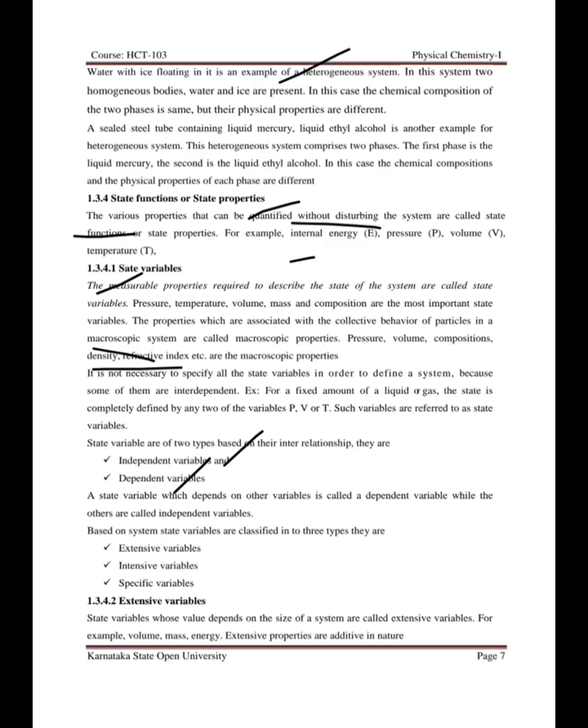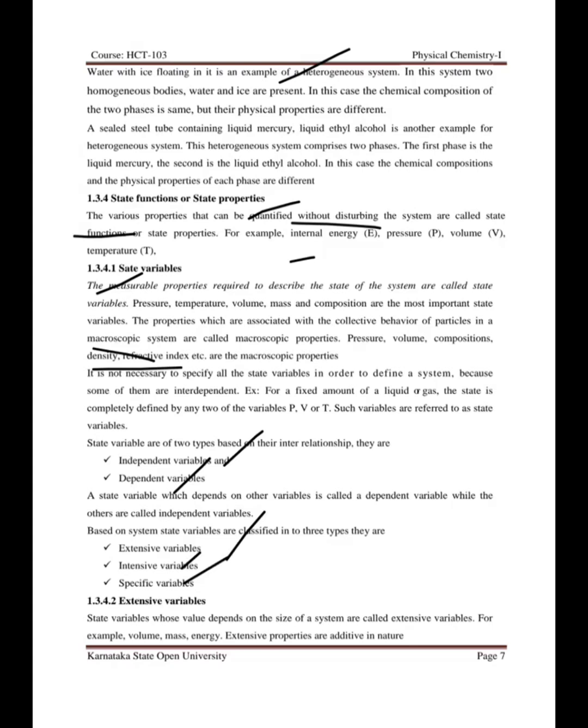These are the variables which are not dependent, that is known as independent variables. Based on the system, state variables are further classified into three types: extensive variables, intensive variables, and specific variables.